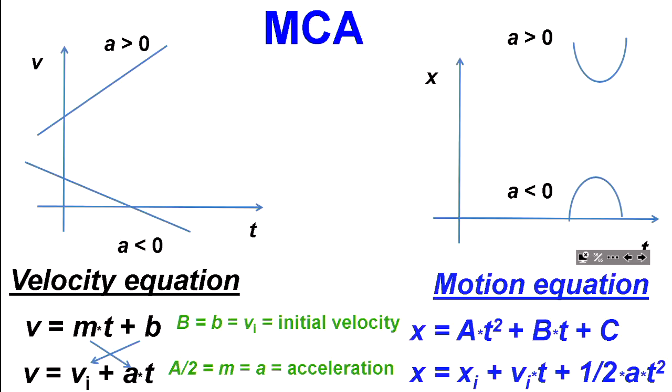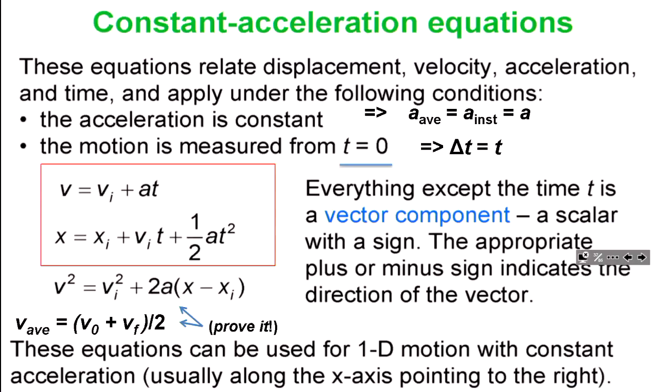Now, when we have that information, we can use it because now we know everything about motion with constant acceleration. This is another representation of the same equations. Now, I advise you, just to practice your algebra skills, to do it at home. So these are standard equations for motion with constant acceleration.